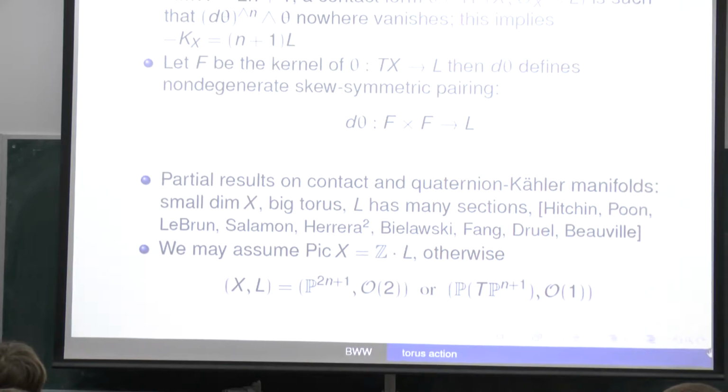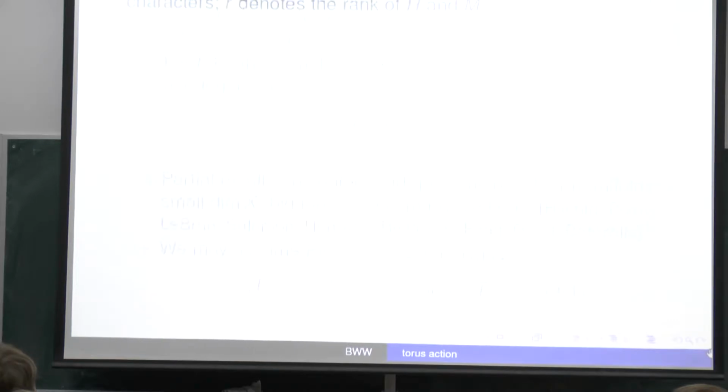And if the Picard group is not one-dimensional, then there is a result of four authors, Kebekus, Peternell, Sommese, and Wiśniewski, which says that this is the projectivization of the tangent bundle, and in the Picard rank one case it is the projective space.